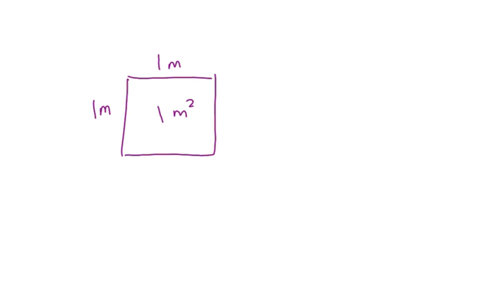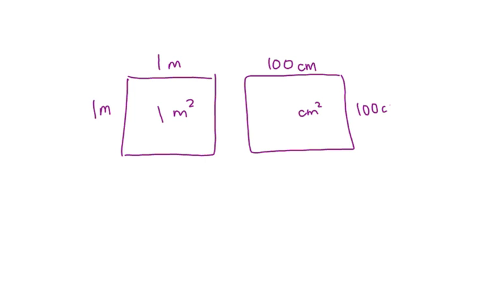Okay? So if we want to change this to centimeters squared, how many centimeters squared is that? We can do the conversions for the dimensions. If this is 1 meter, how many centimeters here? 100 centimeters in a meter by 100 centimeters in a meter. So what would be the area of this shape? 10,000 centimeters squared.